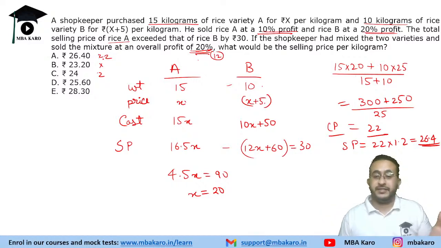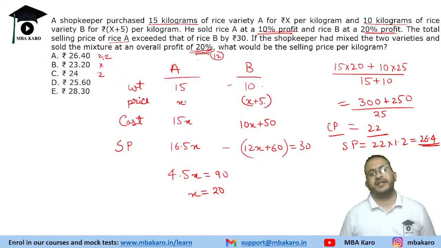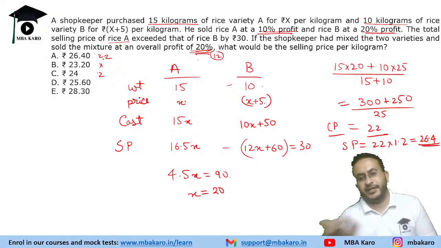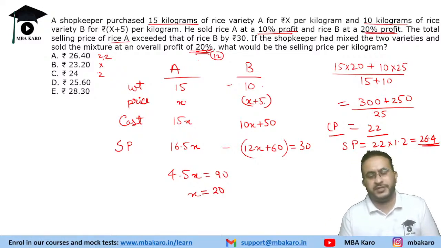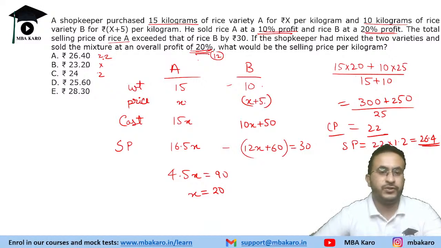So it is unfortunately not, there are multiple options which are multiples of 12. So in that case, either you take a guess between the two options or solve it in the proper manner. But in an examination like CET, I would say go with guesswork. This is also not a multiple of 12. This is also not a multiple of 12.